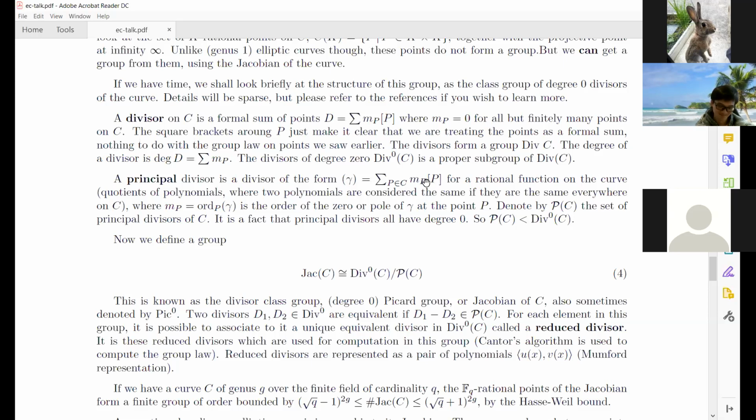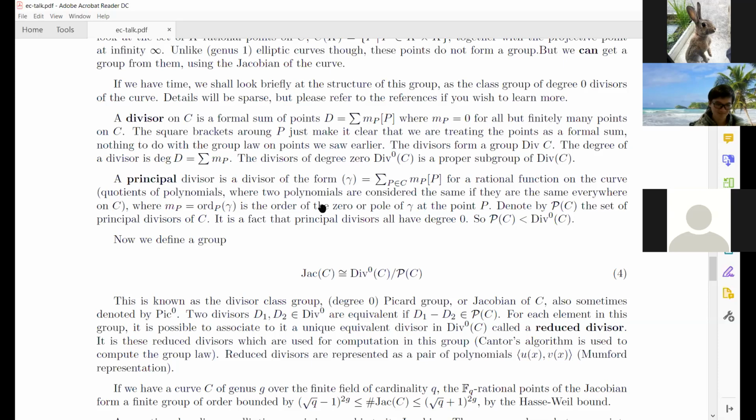And we say that the coefficient is the order of a 0 or a pole at that point of some function, gamma. Hopefully everyone knows what a 0 or a pole of a function is if you've done analysis. But you can generate a divisor from this function: you take a function gamma, a rational function on the curve, which you can just think of as a quotient of polynomials, f over g.